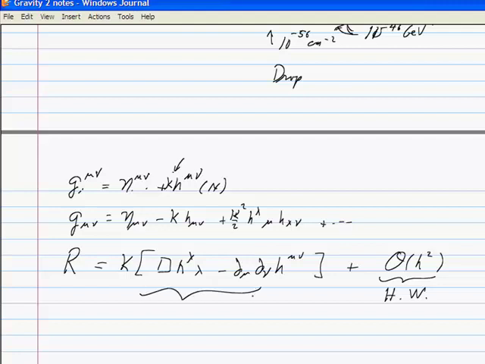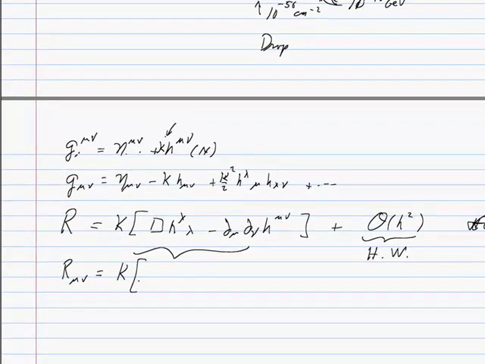This is the first order term, and then R mu nu, which enters Einstein's equation, is well, it's kappa. I'll write it out.